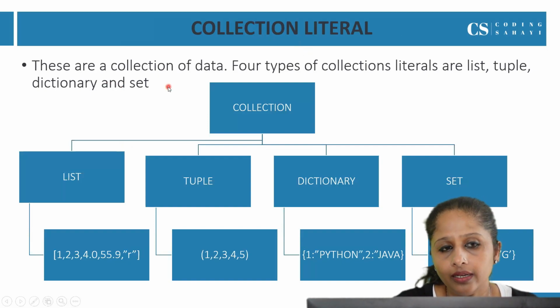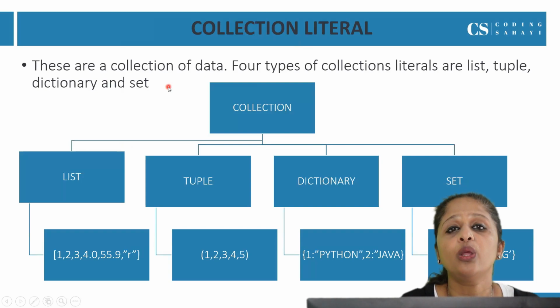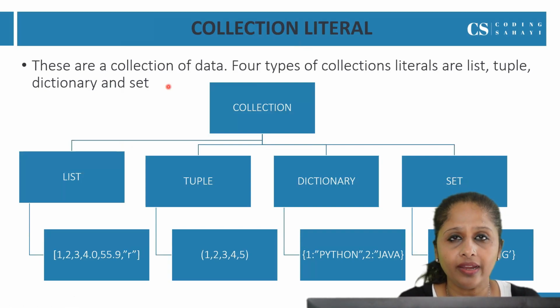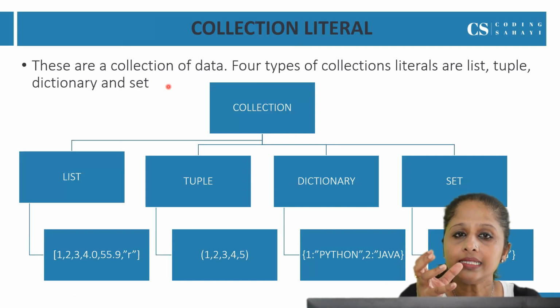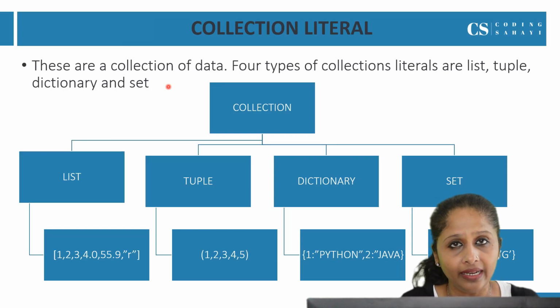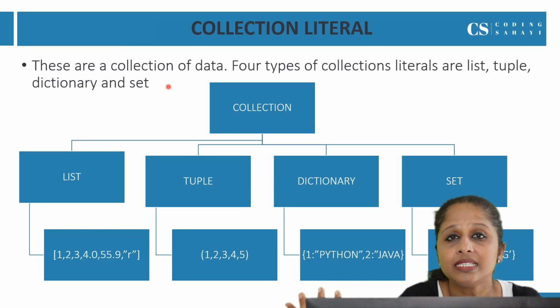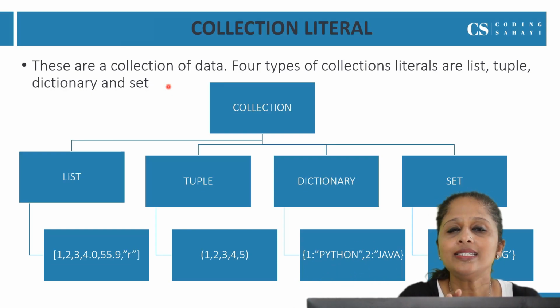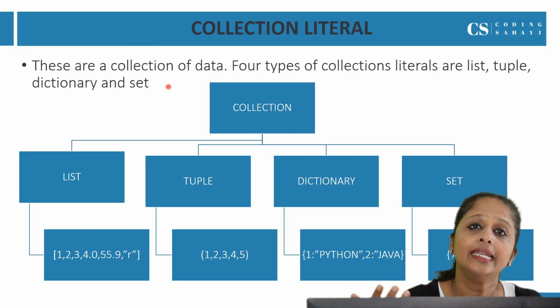The collection literals are a collection of data. You have seen a string. It is a group of characters. It may be a sentence or it may be a name. So it represents one data. But a collection of data means there are different types of data. It may be some numbers, or names, or some float values. So it is a combination of different data.